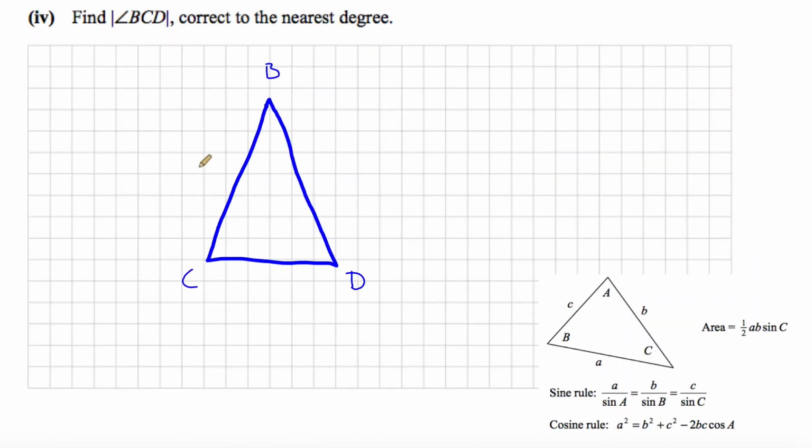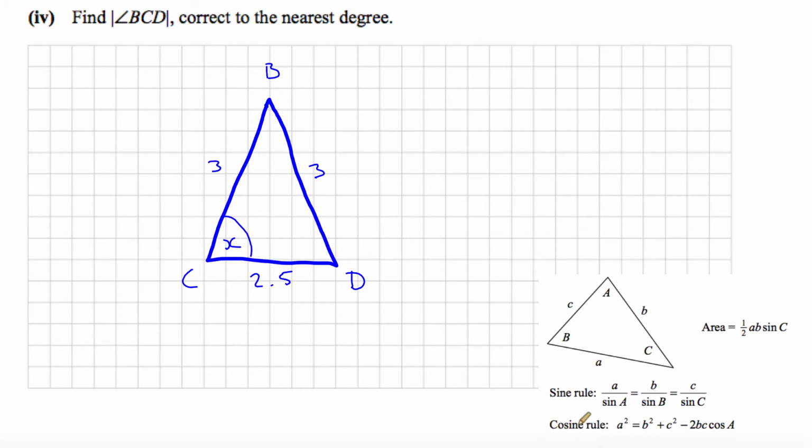So BC is 3, CD is 2.5, and because that will be an isosceles triangle, this side here will also be 3. And I'm looking for the angle BCD, this angle down here. I can call this angle X. This triangle is not right angled, I have three sides and I'm looking for the angle.